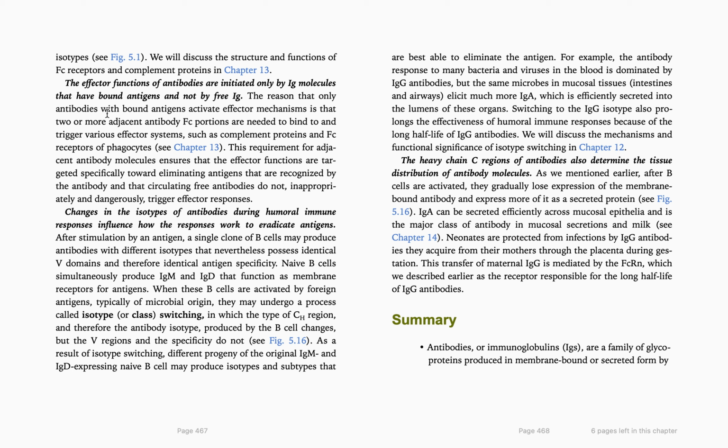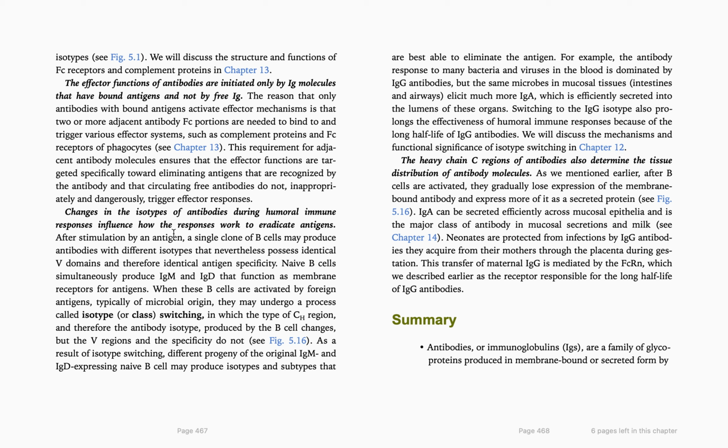The reason that only antibody with bound antigen activates effector mechanisms is that two or more adjacent antibody Fc portions are needed to bind to and trigger the various effector systems, such as complement proteins and Fc receptors on phagocytes. This requirement for adjacent antibody molecules ensures that effector functions are targeted specifically toward eliminating antigens that are recognized by the antibody, and that circulating free antibody does not inappropriately or dangerously trigger the effector response.